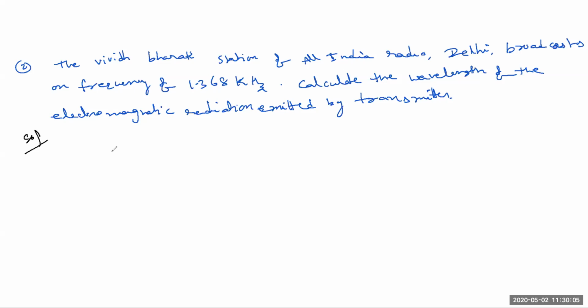Lambda is equal to C by nu, not C nu by lambda. So that is equal to 3 into 10 power 8 meter per second divided by 1.368 kilohertz. Kilo means 10 power 3, 1000, so we multiply by 1000.